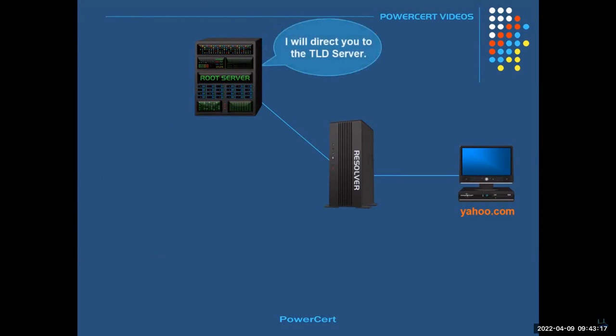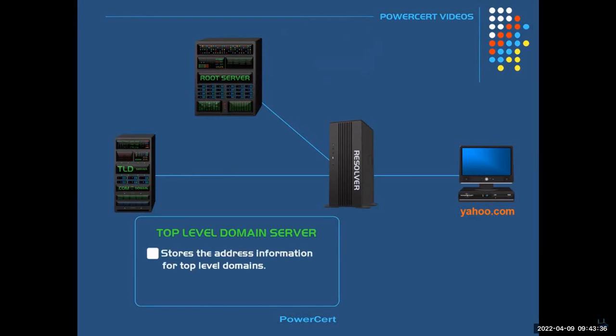So the root server will direct the resolver to the TLD, or top level domain server, for the .com domain. The resolver will now ask the TLD server for the IP address for yahoo.com. The top level domain server stores the address information for top level domains, such as .com, .net, .org, and so on.